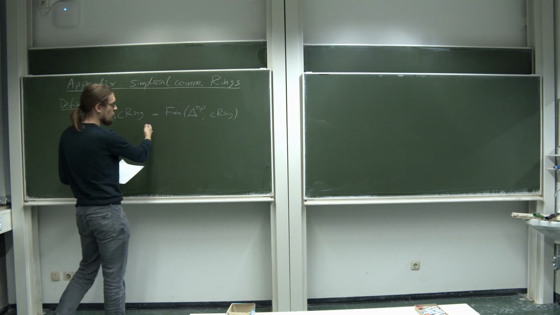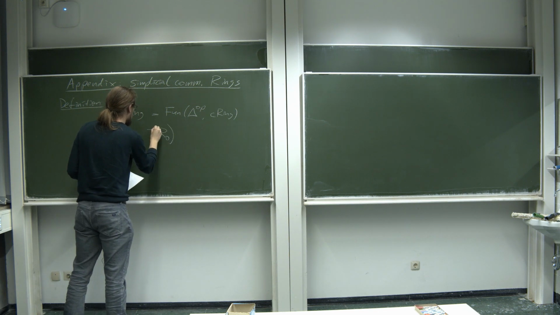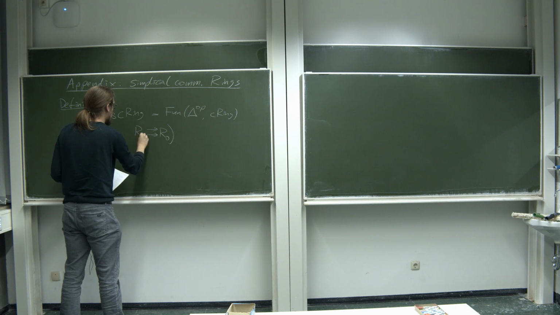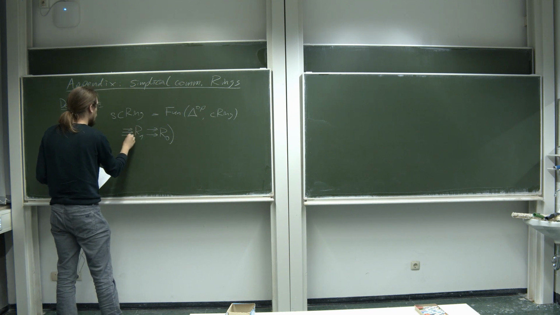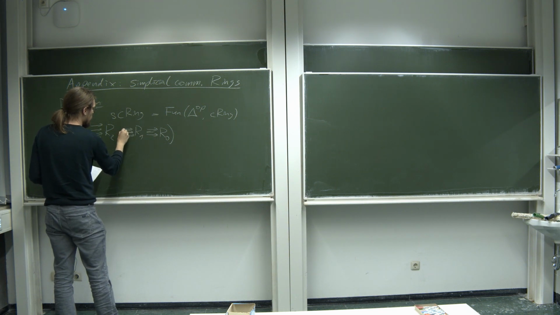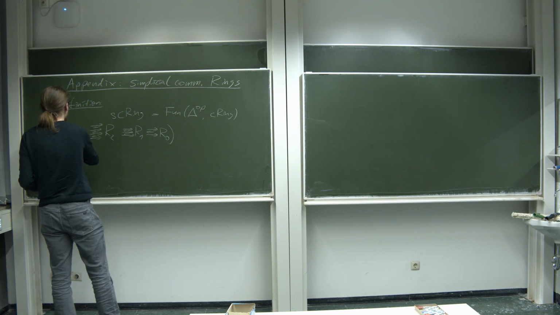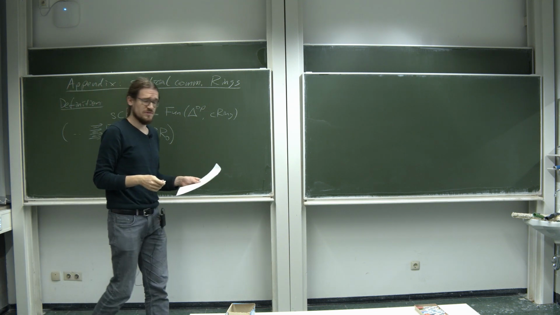So you should think of an object here as simply a simplicial diagram of commutative rings, where all these maps, the boundary maps and these degeneracy maps as well, are ring homomorphisms.